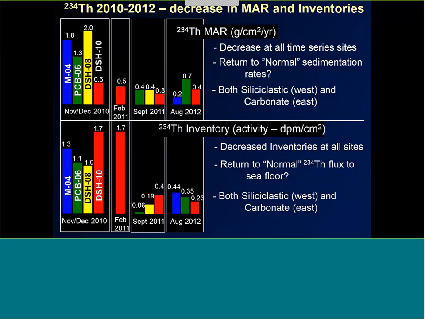This would suggest to us that we had a rapid depositional event that occurred within a few months after the spill occurred, or essentially after the summer, and it relaxed very quickly. So we may be able to say that in this case, the actual recovery of the sedimentological system may have occurred very quickly, if indeed that is actual recovery.